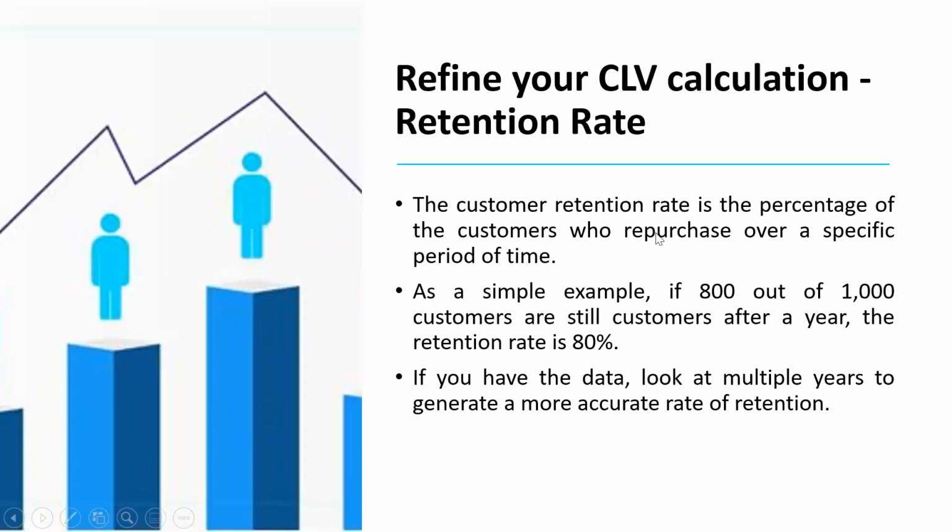So I will add a couple of factors now to refine and to make your number more realistic, whatever the CLV that we are calculating now. Two factors, retention rate and discount rate, I'm going to talk about. What is retention rate? It is the percentage of the customers who repurchase over a specific period of time.